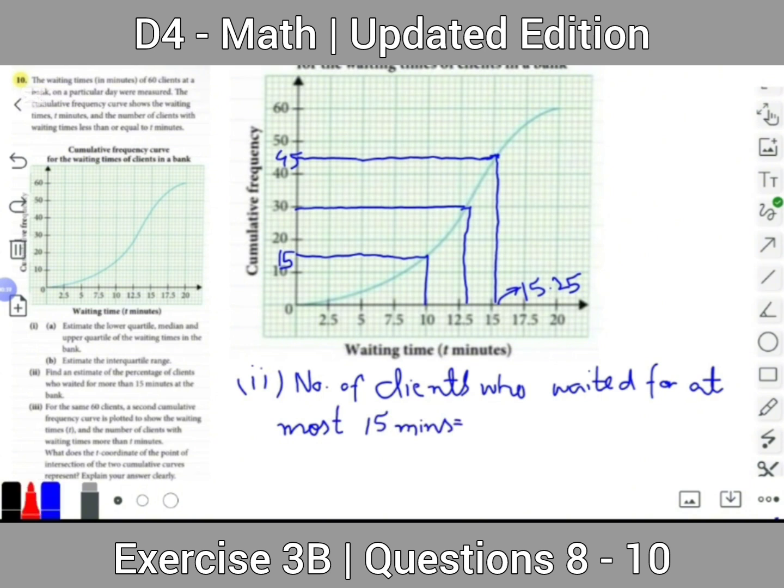So from the x-axis, we will draw a vertical line until it touches the cumulative frequency curve. Now, from the curve, we will draw a horizontal line until it touches the y-axis, where we have the value 44. So the number of clients who waited for at most 15 minutes is equal to 44.